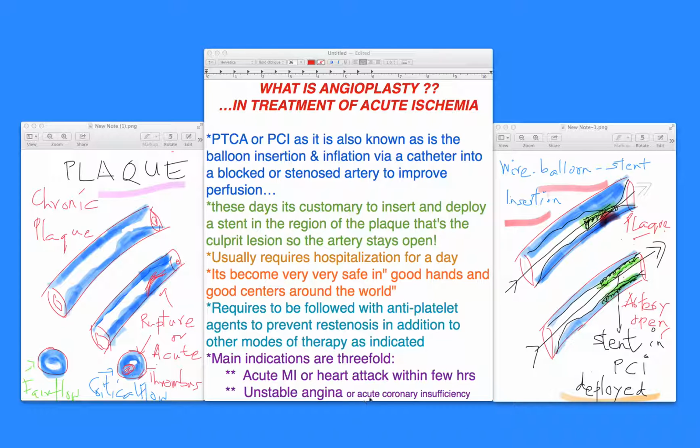When you cannot perform an acute CABG or coronary artery bypass surgery, then obviously you can only do an angioplasty in those cases. So an acute heart attack, an acute coronary insufficiency, and when surgery cannot be performed, then PCI is indicated or angioplasty is indicated.